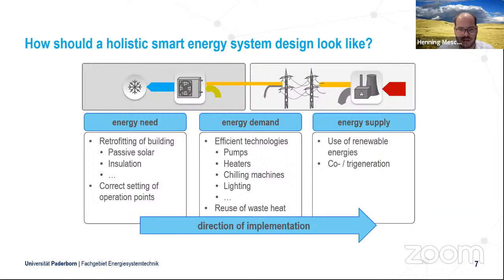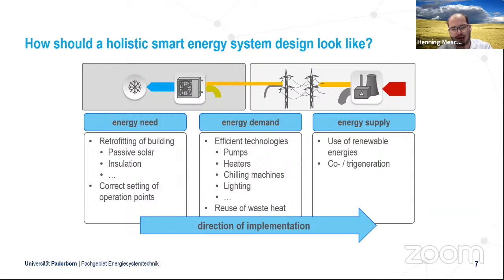So first, reduce your energy needs, then reduce your energy demand, and finally, think about how to improve your energy supply. If you do it the other way around, then, for example, you can build a power plant which has an operating point, and then you improve your cold store and reduce your energy need.